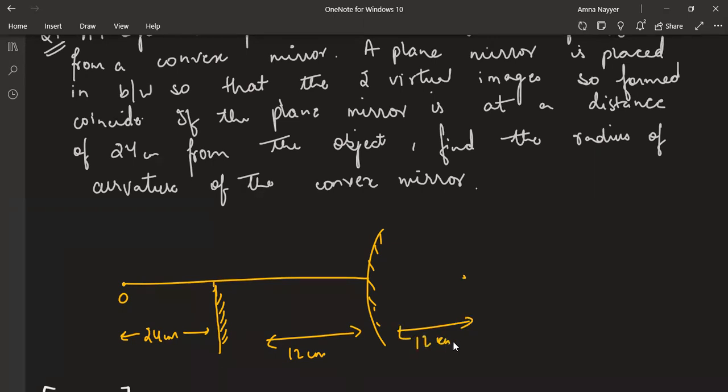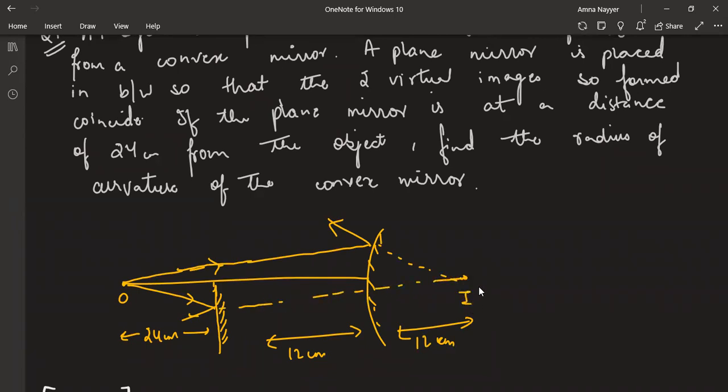So this will be 12 centimeters. So it's like the object is emitting the rays. Here the virtual image is formed. Like this it is reflecting, and the same is happening for the plane mirror. This is reflecting the light rays, and the image is formed when you extend it at this particular point. Here is the image. This you just have to understand.